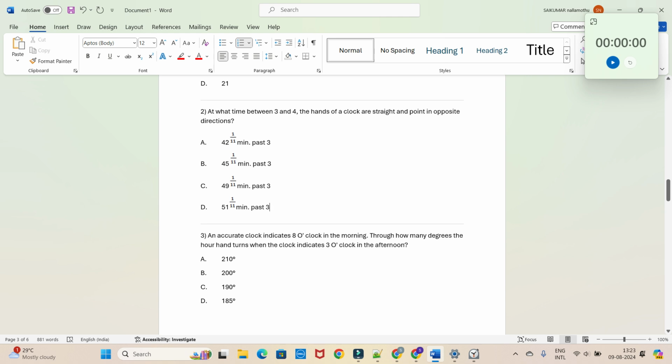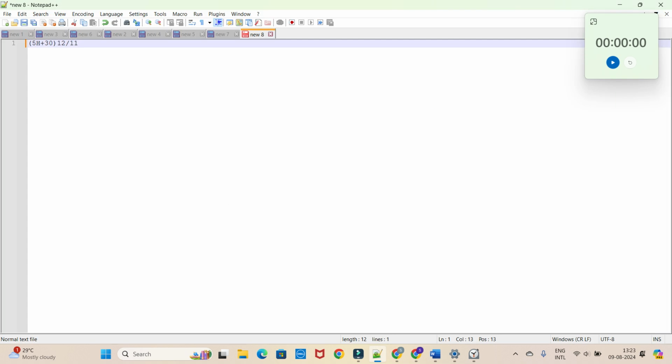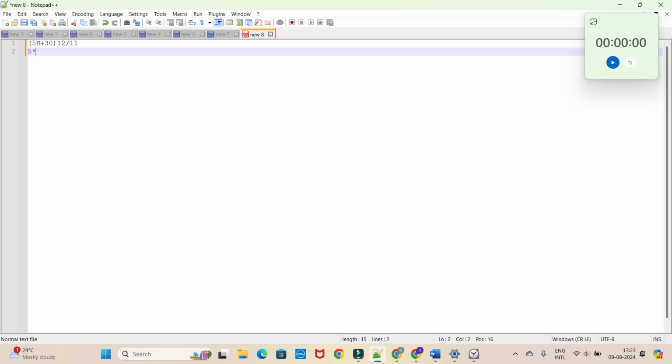For this question, they are asking between 3 and 4, so h is 3. 5 into 3 is 15, 15 plus 30 is 45, and 45 into 12 by 11. If you multiply it out, that would be 540 by 11, which gives you 49 1/11.